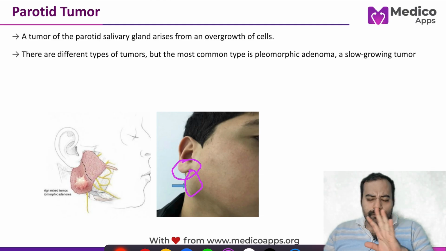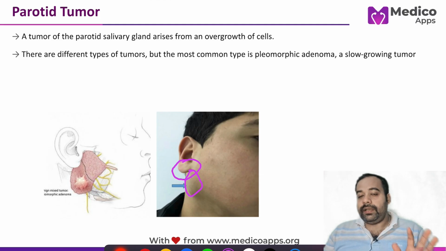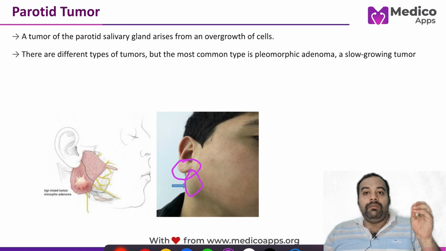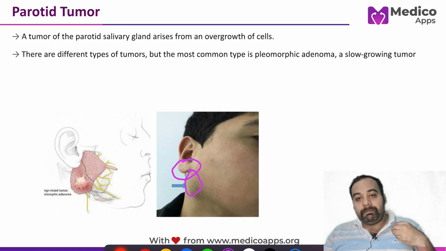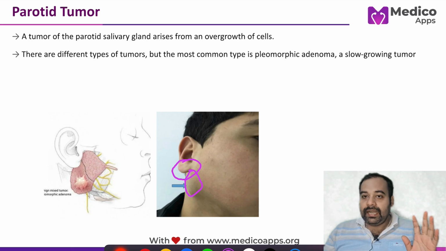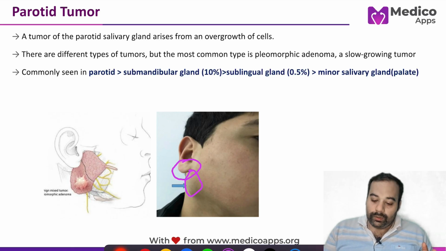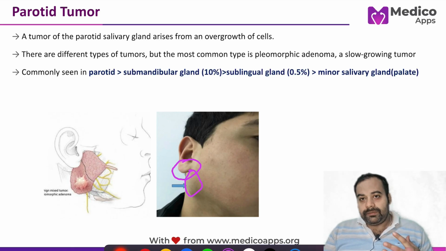Among the benign tumors as well as overall, the most common tumor found in the parotid as well as in the salivary glands is the pleomorphic adenoma. It is slow growing.